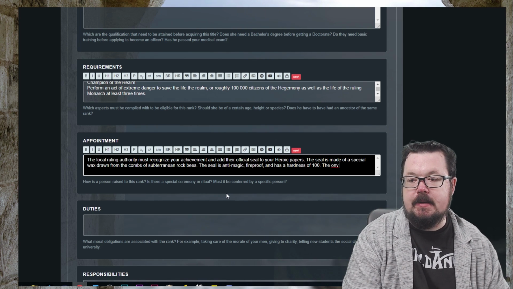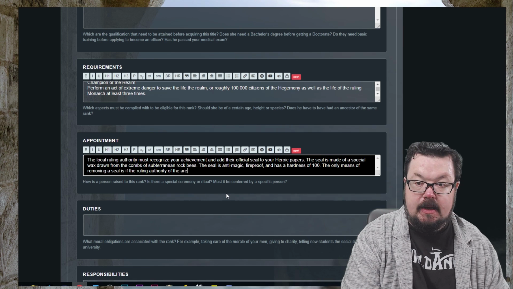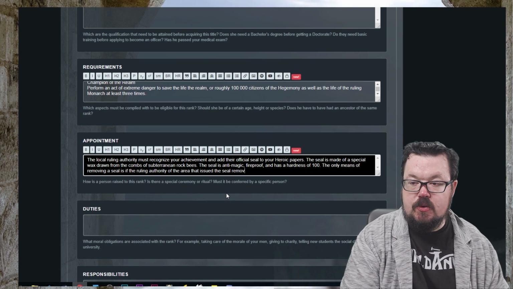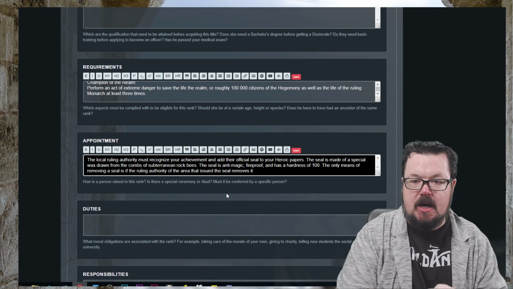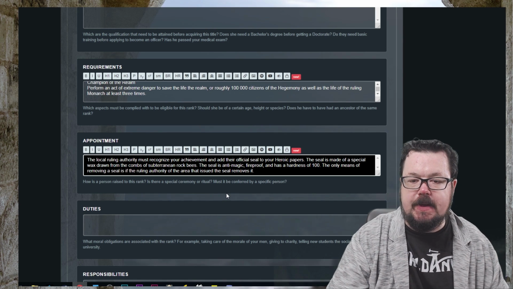The only means of removing a seal is if the ruling authority of the area that issued the seal removes it. All right, so it's a permanent record, a permanent mark, if you like, magical type of thing.